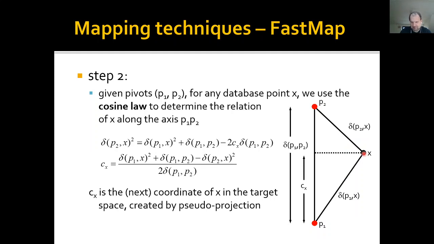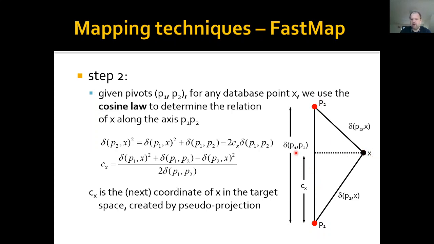So we don't have any coordinates, right? So what we know is distances between objects. So we know the distance P2x, we know P1x, and we know P1, P2. So this triangle.